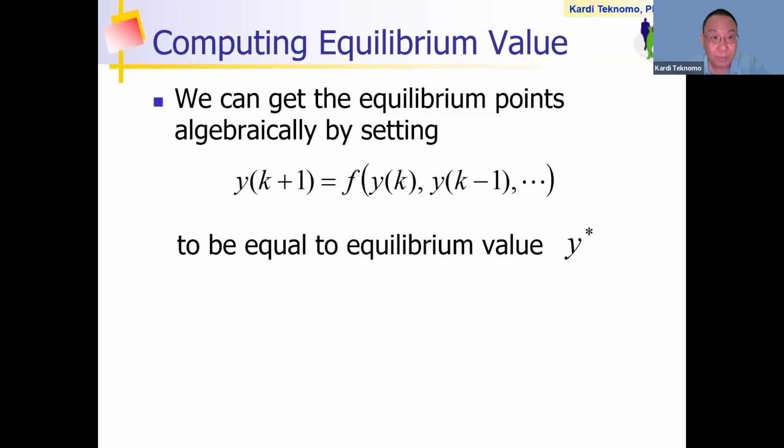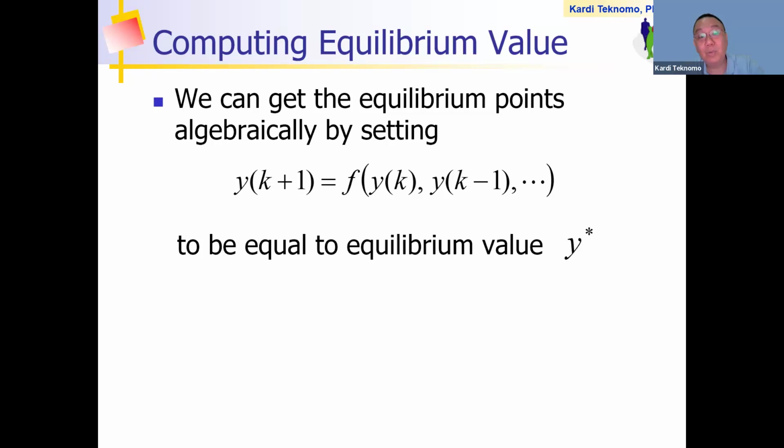Okay, I want to generalize this, not just for the financial case. So let's see how to compute the equilibrium value, that 2000 from a while ago. We can get the equilibrium points using algebra. How to do that? This is your difference equation: y_{k+1} is a function of y_k, and so on, right?